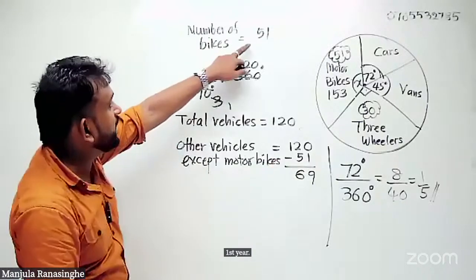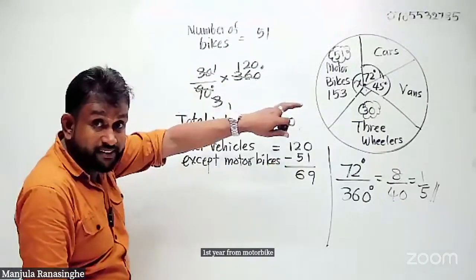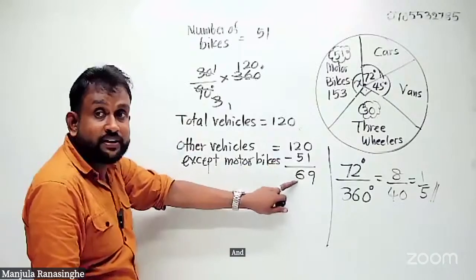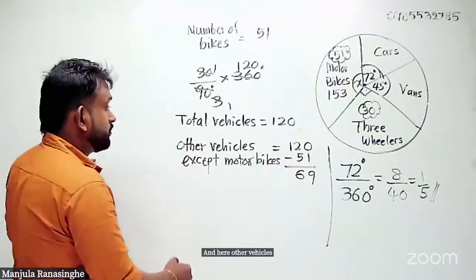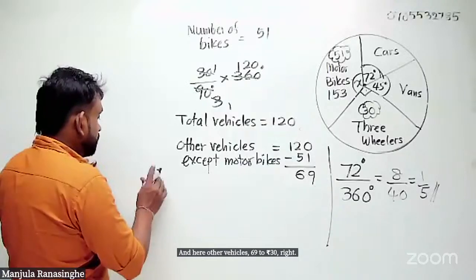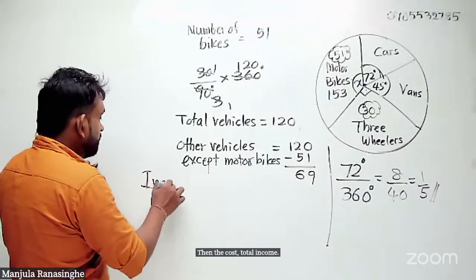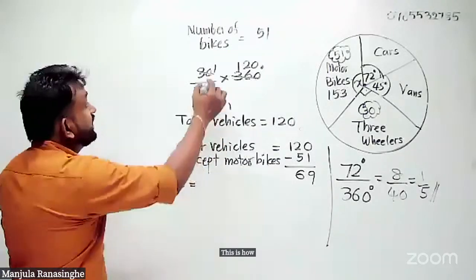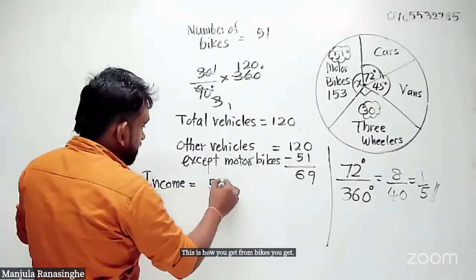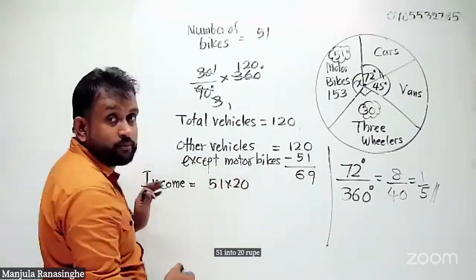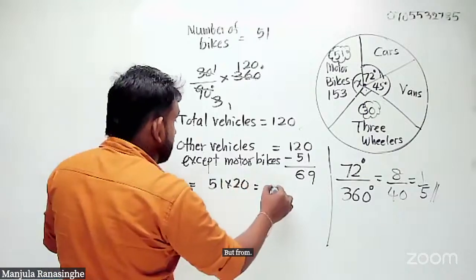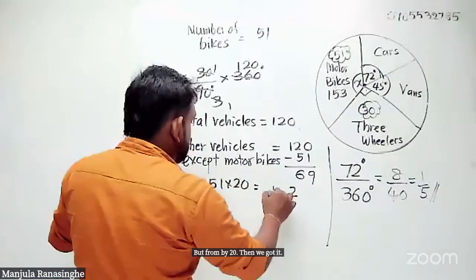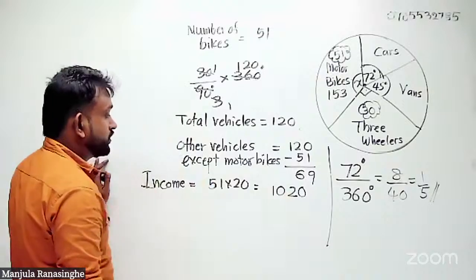Then how to find the total cost here? From motorbikes, 51 into 20 rupees, and for the other vehicles, 69 into 30 rupees. This is how you get the income from bikes: 51 into 20 rupees is 1020.